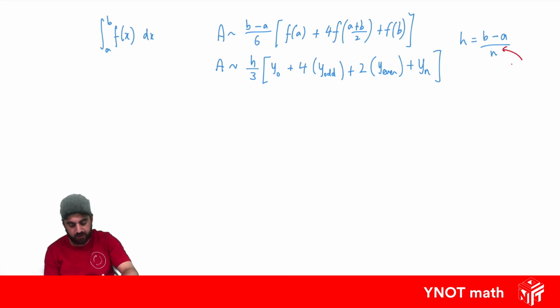So n is your subintervals, and you always have one more function value than your subintervals.